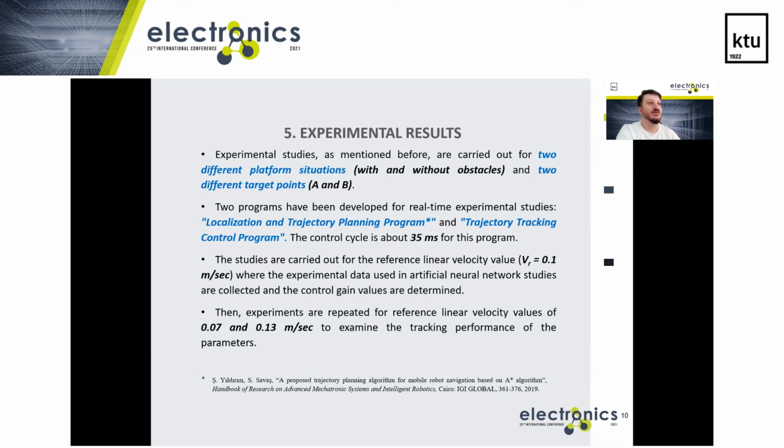So we will focus on the results especially for this linear velocity. But we also repeated the experiments for a lower and a higher one, 0.07 and 0.13 meters per second, to examine the tracking performance of the control gain parameters. Are these parameters suitable for tracking the trajectories, or do we need to determine the control gain parameters again for these linear velocities?